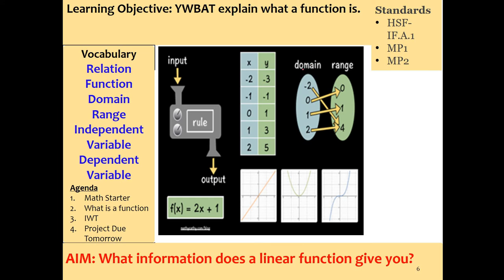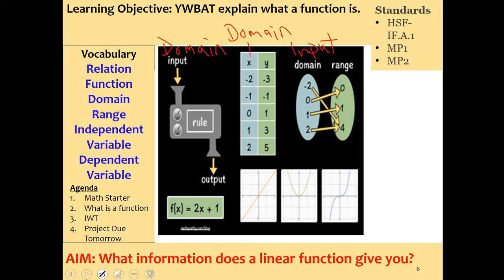The domain. I told you that we're going to go over what domain means. A domain is your input. So when you hear domain, I want you to think of what I'm inputting into my function machine. My domain is what I'm putting into the machine. My domain is also my x, right? Before our intro, I asked you what are the different ways you can represent a function.